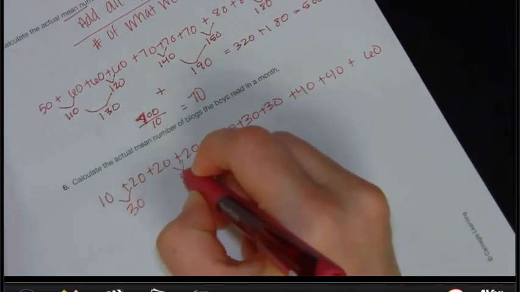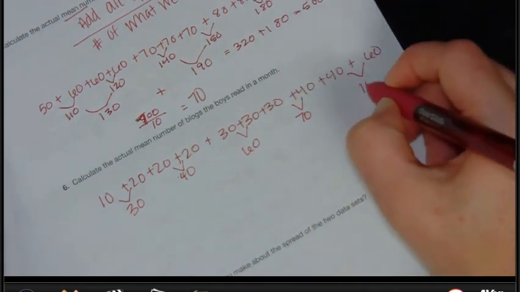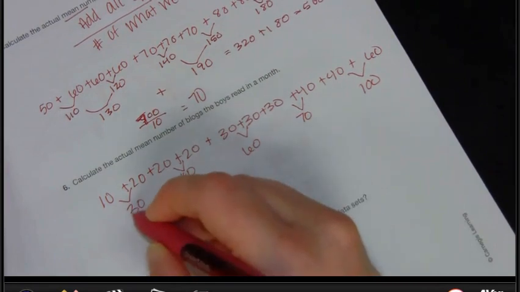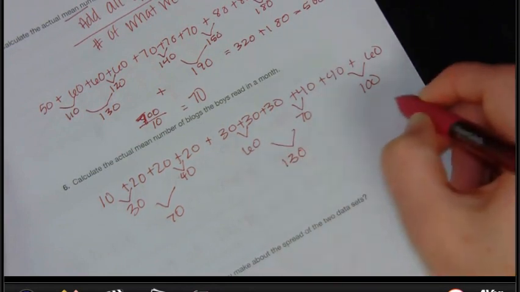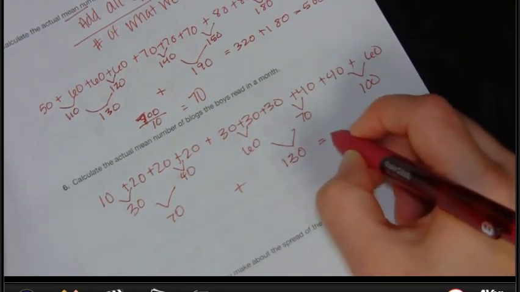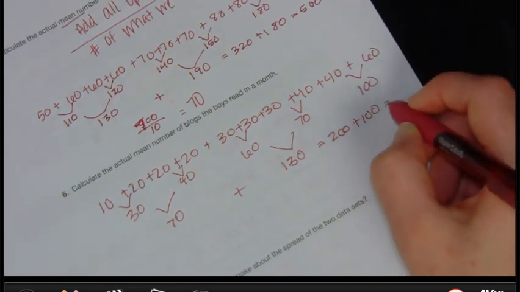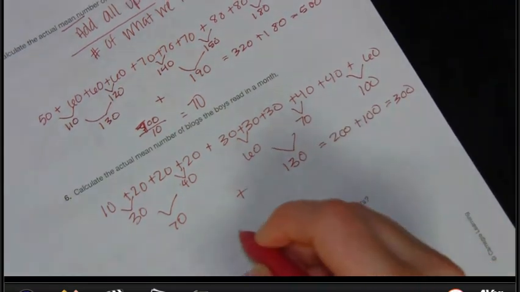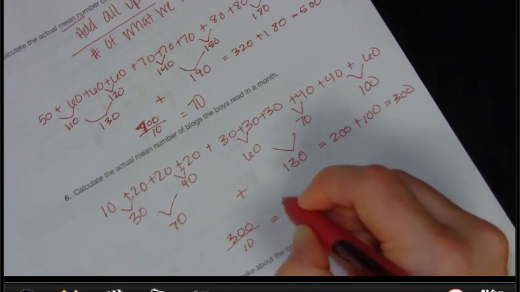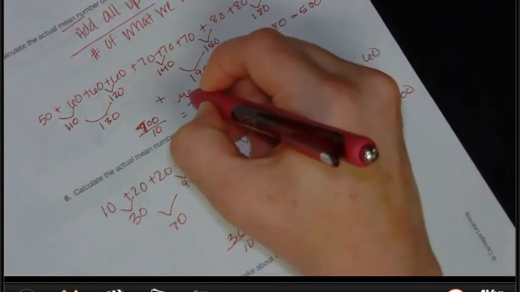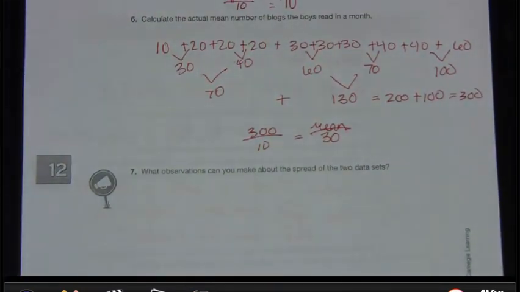We'll have 30, 40, 60, 70, 100, and 130, 200 plus 100 is 300, and there are 10 boys, divided by 10, which is 30. So this is the real mean for the boys and the girls, at 30 and 70.